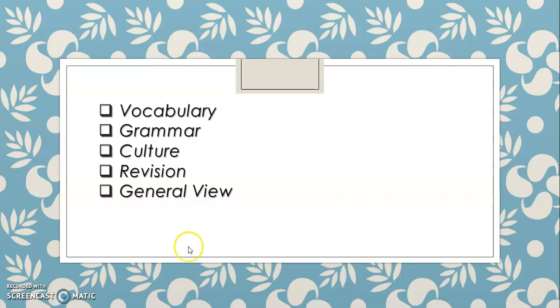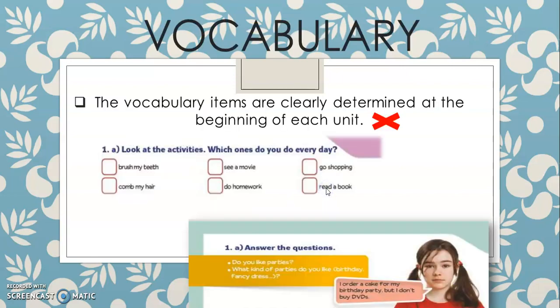When we look at the vocabulary part, we can see that the vocabulary items are not clearly determined at the beginning of each unit. Instead of this, the book prefers to start with a vocabulary activity, and that may be confusing for students.